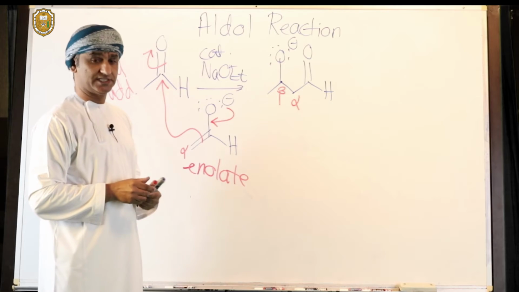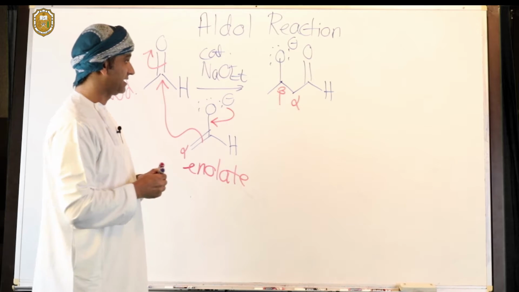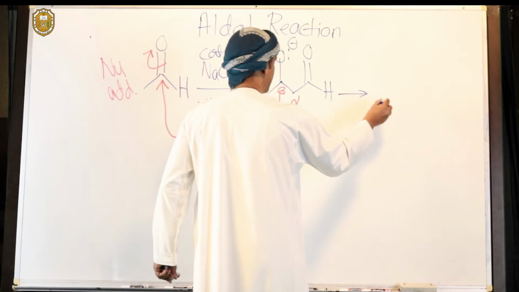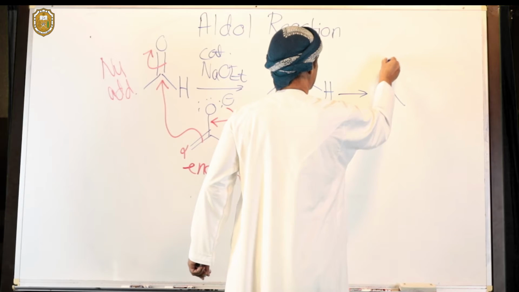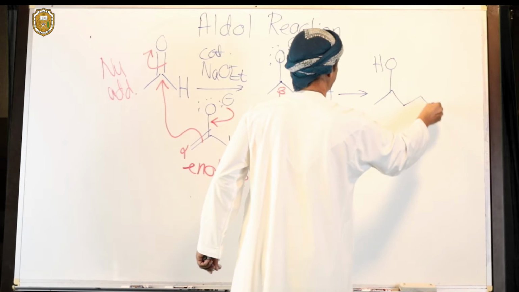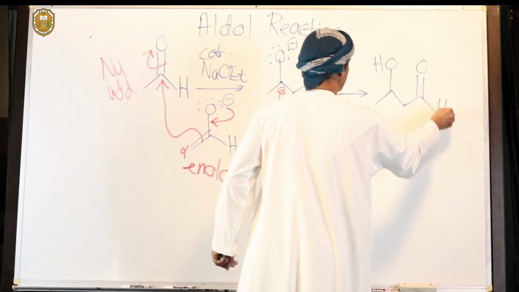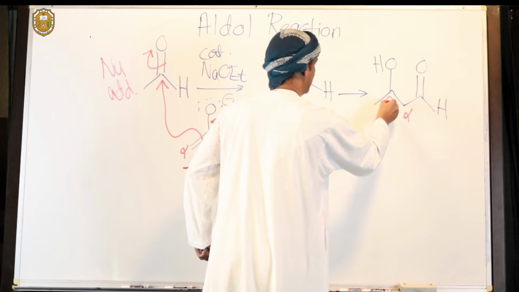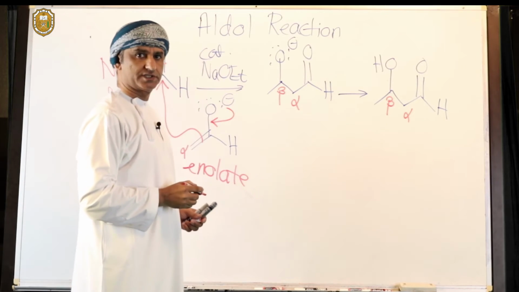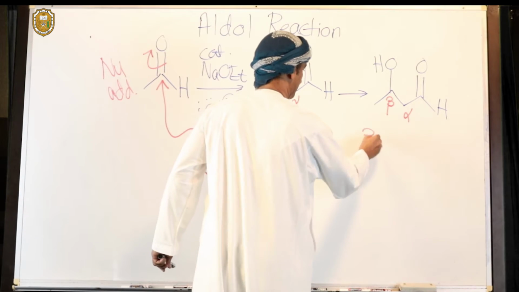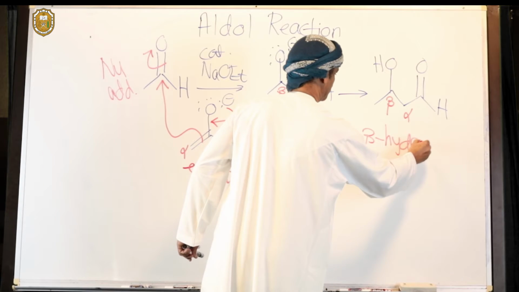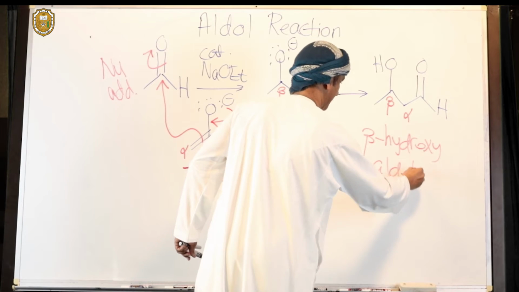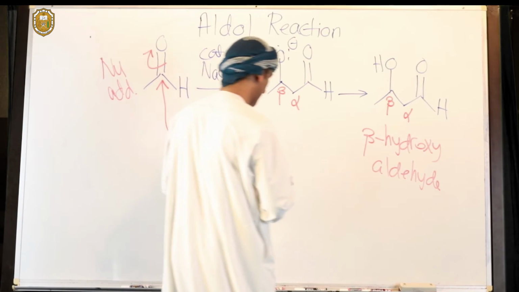This beta-alkoxy carbonyl compound can undergo protonation to give a beta-hydroxycarbonyl compound, which is this one. So this is a beta-hydroxycarbonyl compound, or beta-hydroxyaldehyde specifically in this case.